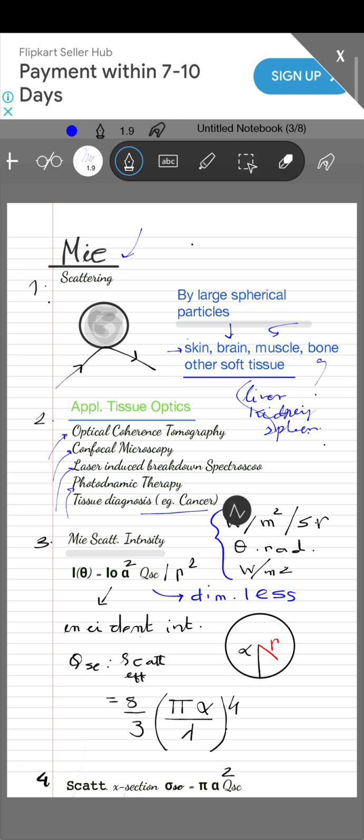So in all these cases, Mie scattering, or scattering from very large particles in the tissue, is applied.